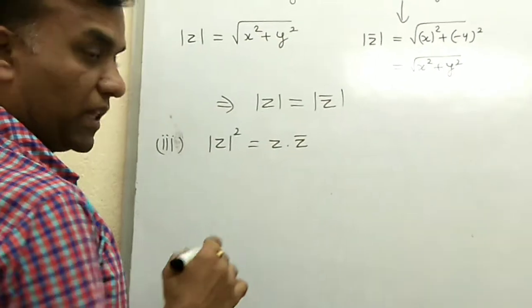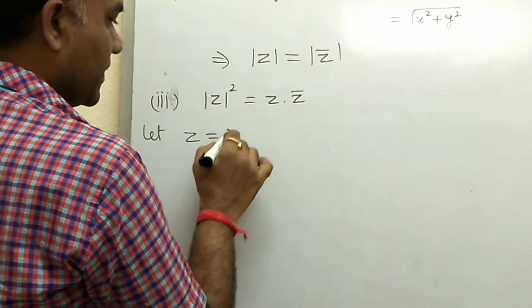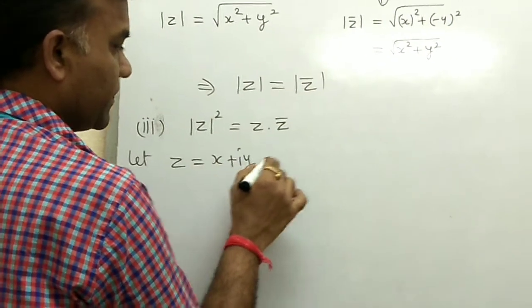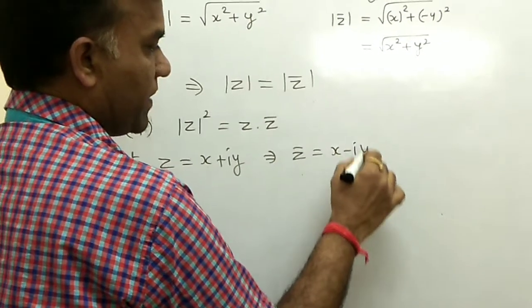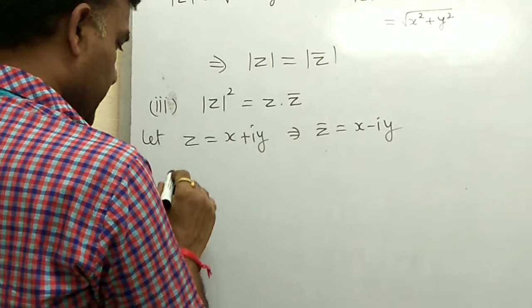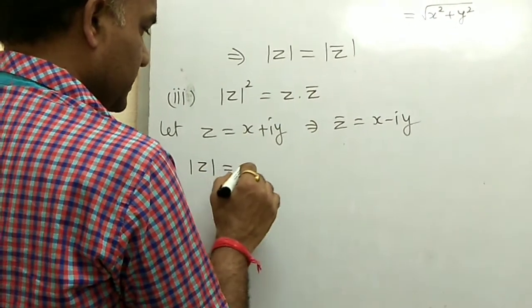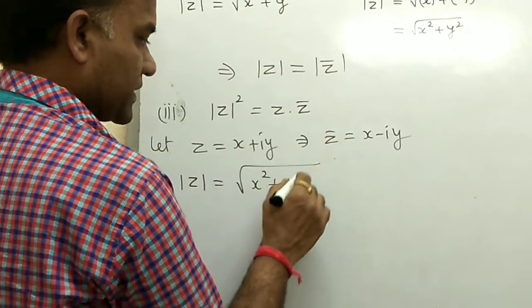Okay, so again here we consider the same, z = x + iy, z bar = x − iy, and then here we find |z|, which is the square root of x² + y².